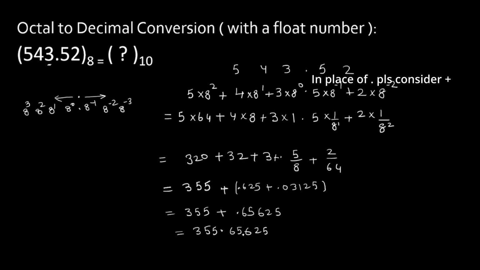After the decimal we can consider only 3 digits, so this would be the decimal equivalent of the given octal number. So the answer is 355.656. This is the decimal equivalent of the given octal number.